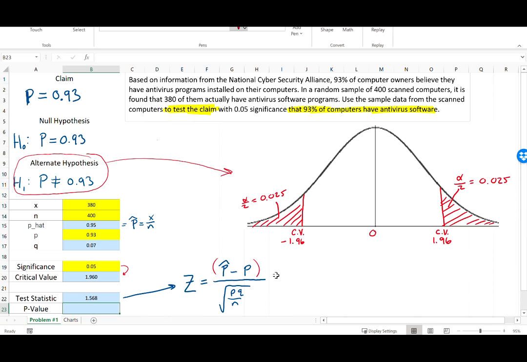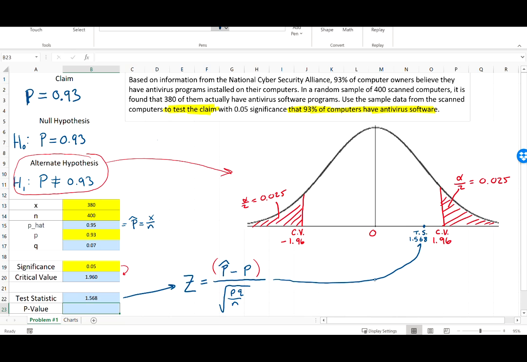Now, you'll see that this test statistic, which is right here, does not fall in the critical region. So our test statistic, TS, is this z-score, 1.568. So it's closer to 0 than the critical value.